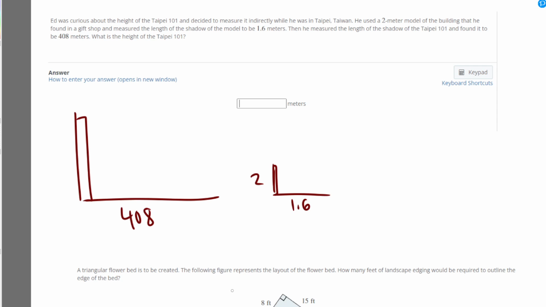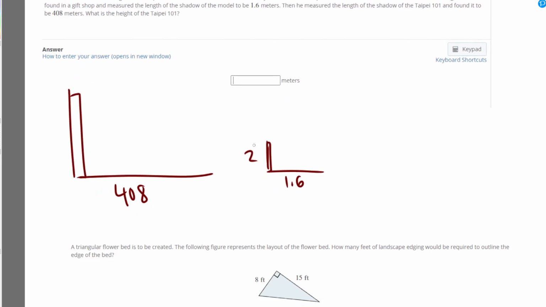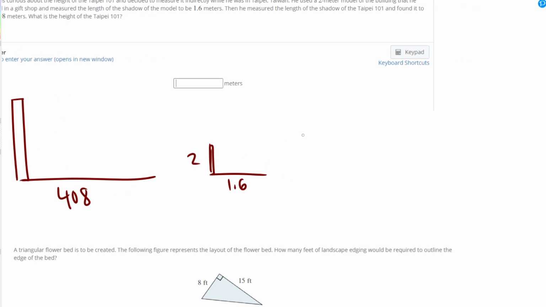There are a few ways that we can go about this. We could find the length of the hypotenuse here. We could do a variety of different things. However, we learned how to set up proportions in one of our earlier units, and I think that is going to be the easiest way.